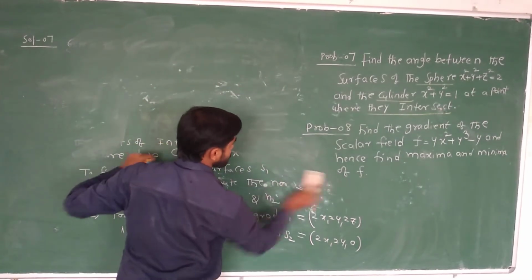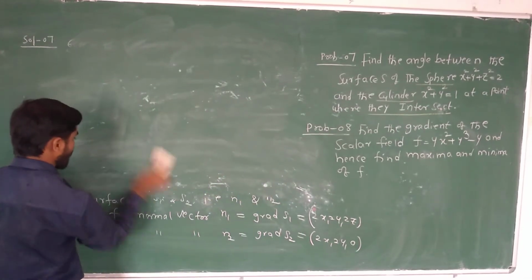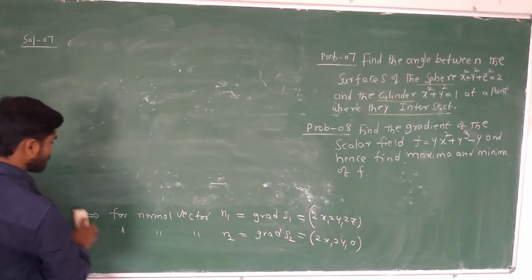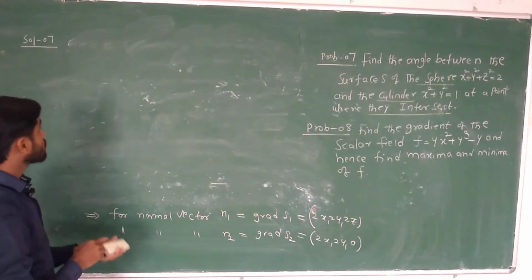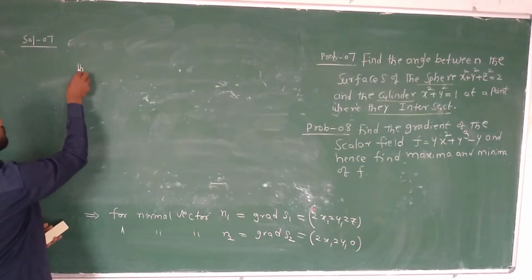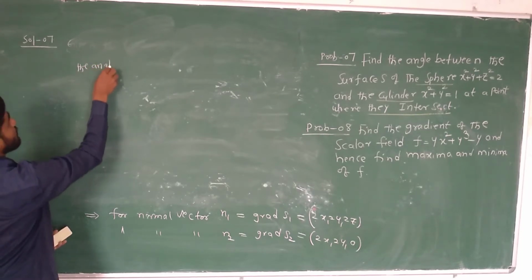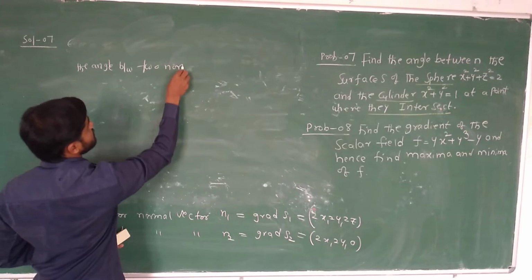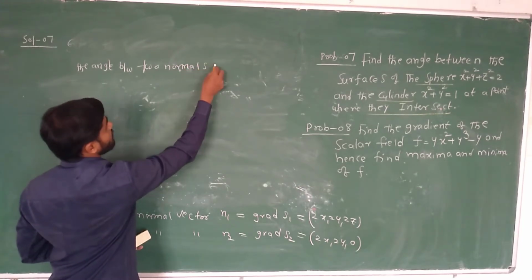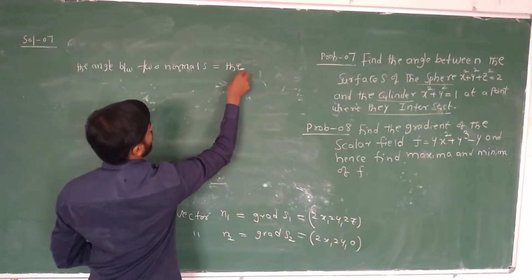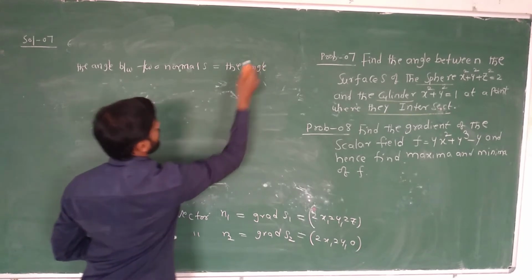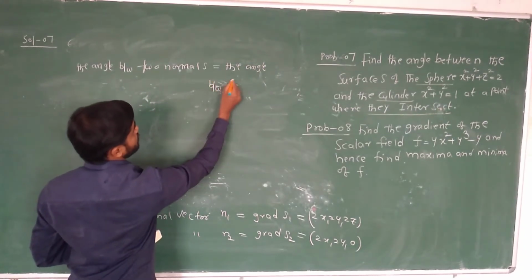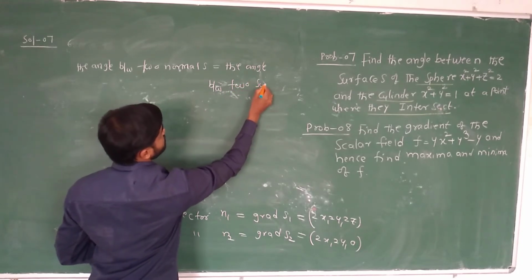Now we will calculate the angle between two surfaces. The angle between two normals is equal to the angle between two surfaces.